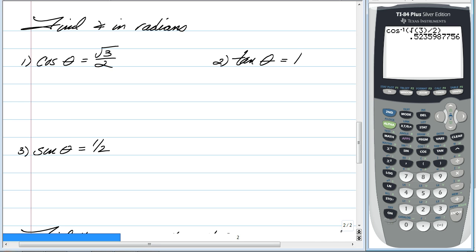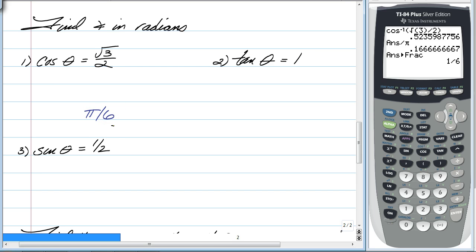So now all we have to do is divide that answer by pi. And that'll give us 1.6666667. And then all you have to do is math, enter, enter, change it to a fraction, and you get 1/6. But then you just have to remember that's without the pi. So your final answer is pi over 6.